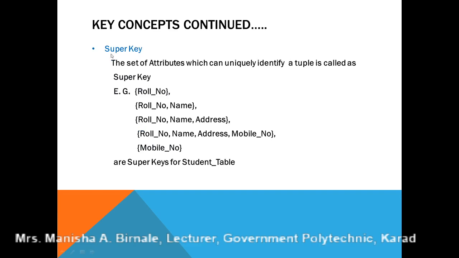Now let us see the concept of super key. The set of attributes which can uniquely identify a tuple is called a super key. A super key is any set of attributes which can uniquely identify a tuple.